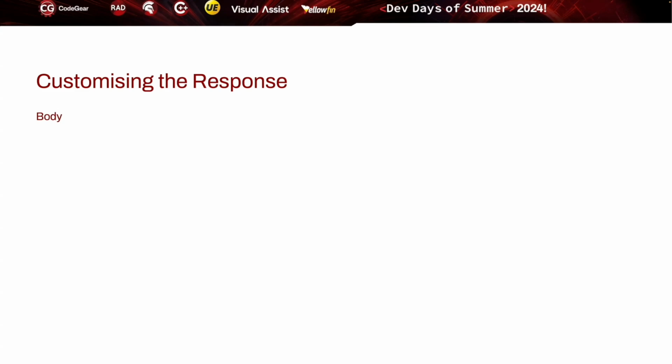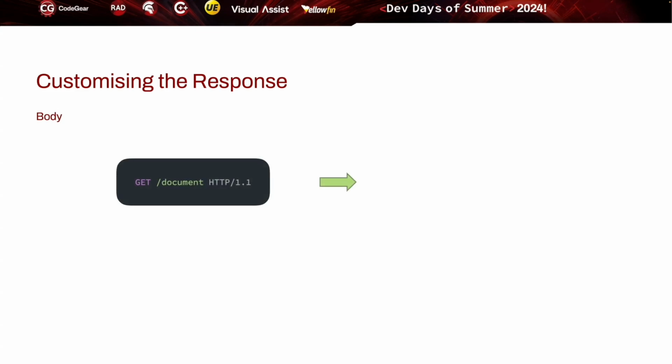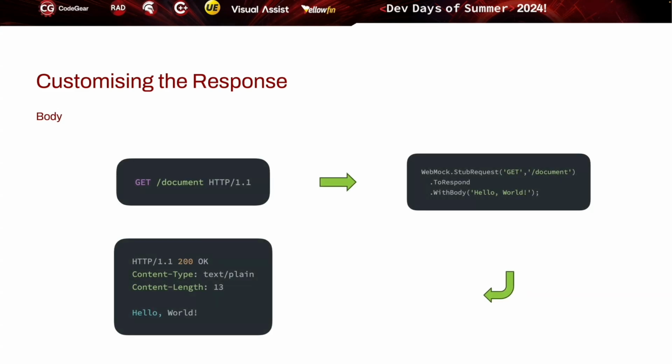So let's look at how you would customize the body. So if we want to get a document, as we saw in the first example, you can say to respond. So this is a fluent interface. So a stub request dot to respond dot with body, and then we give the content of the body.